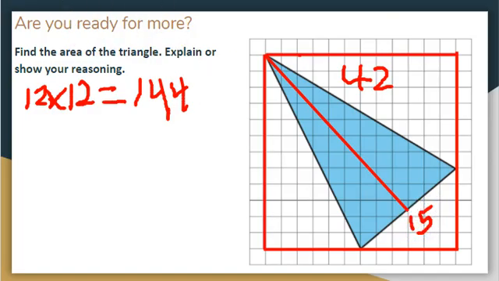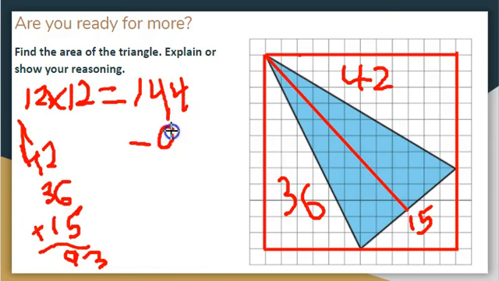And then 12 by 2, 3, 4, 5, 6. 12 by 6 gives me 72. Half of 72 is 36. I then take those numbers and subtract them out. Well, actually, add them first, which gets me 93.